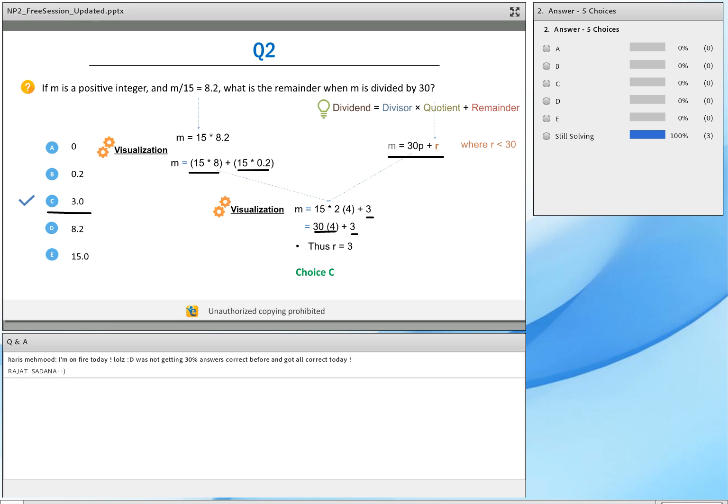And this next question, I want to challenge you to use this approach, because if you use this approach, you're going to find that getting to the answer starts to become easier.